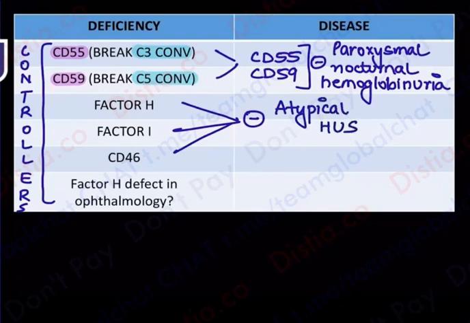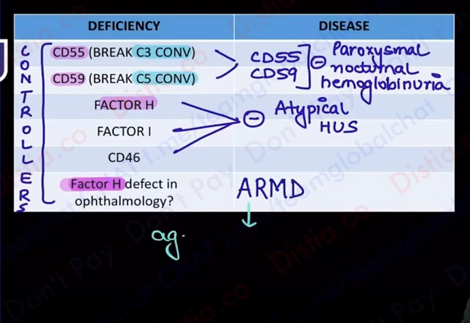Atypical hemolytic uremic syndrome. Finally, I want to correlate this with ophthal also. Have you guys studied that factor H is associated with something? Factor H defect in ophthal, what can you think of? Have you heard of ARMD? That is age-related macular degeneration.